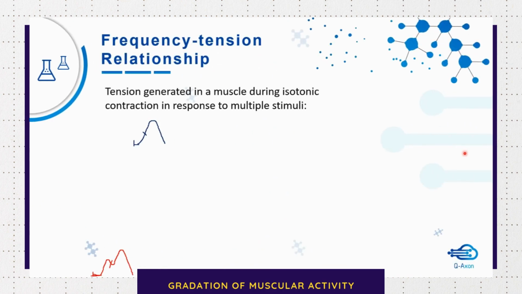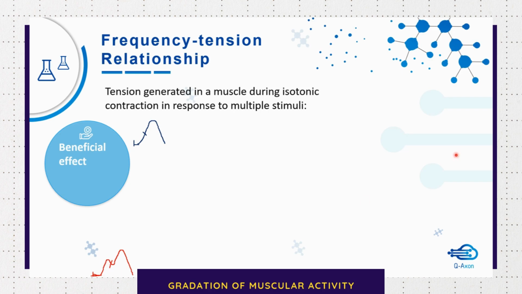Now, we've already looked at what the response of the muscle fiber is when two successive stimuli are given. So we looked at beneficial effect, where the second curve benefits from the first, meaning that the peak of the second curve is higher than that of the first curve.